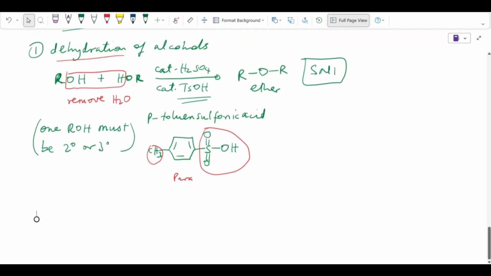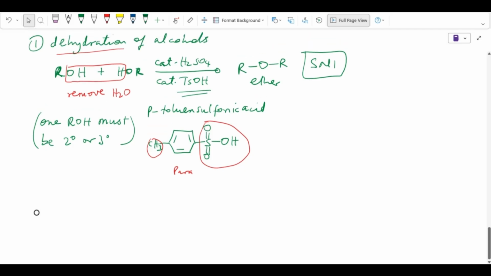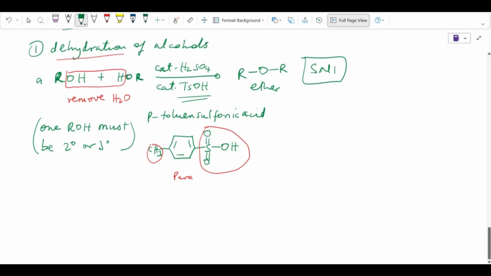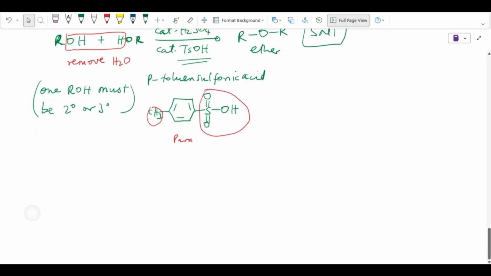Now the second type. Let's call this A, dehydration of alcohol. Then we're going to have B, reaction of alkene with alcohol.